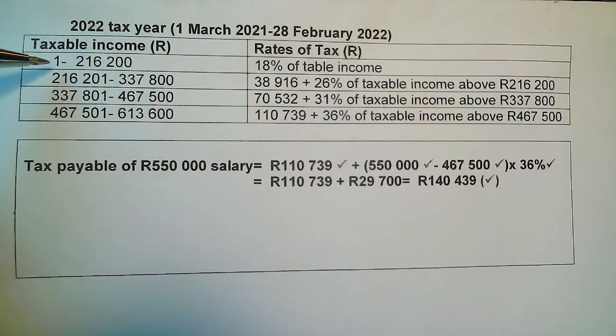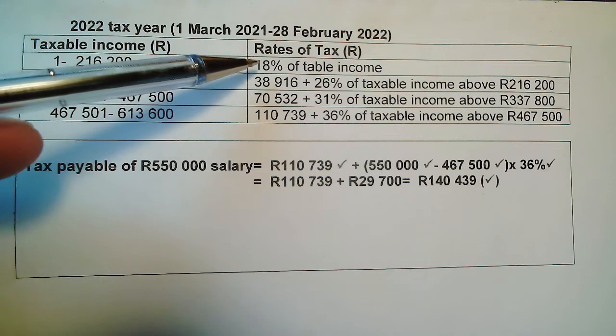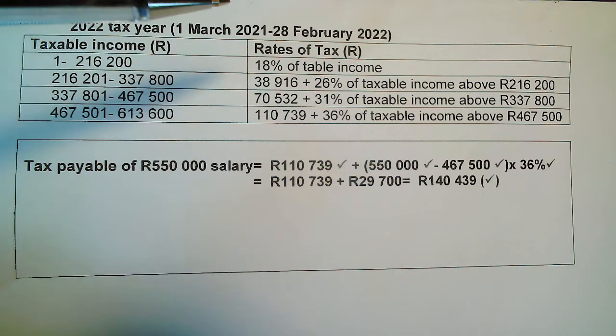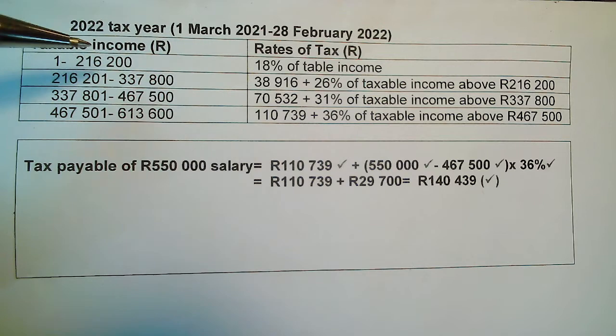So if I earn between R1 and 216,200 for the whole tax year, not for a month, for the whole tax year, I have to pay 18% on that value to work out the amount of tax that I have to pay. So let's say it's 200,000, I will take 200,000 times 18%.